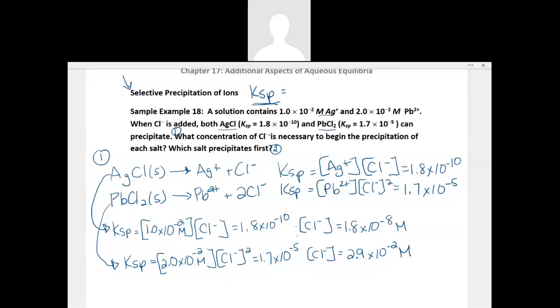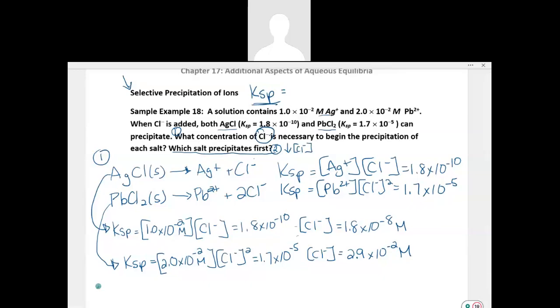But first we're going to find what concentration of chloride will be necessary to begin precipitation of each salt. And then we're going to answer which of the two will precipitate first. That's going to be whichever needs the lowest concentration of chloride; that will be the one that begins first.